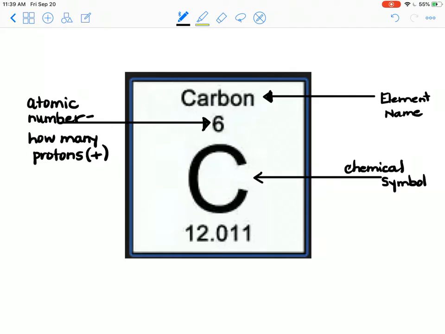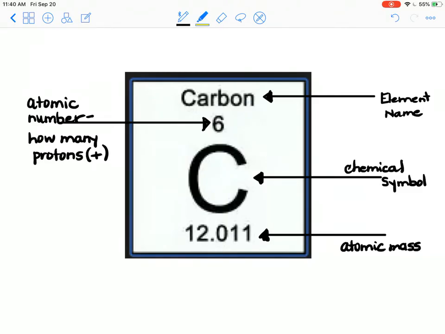If it had a second letter beside it, that would be lowercase, but the first letter is capitalized. And then this last number is called the atomic mass. And I'm not going to explain that just yet. We will come back to this, but I want to do something first. So let's go ahead and name that the atomic mass.